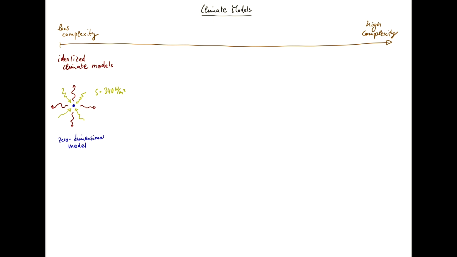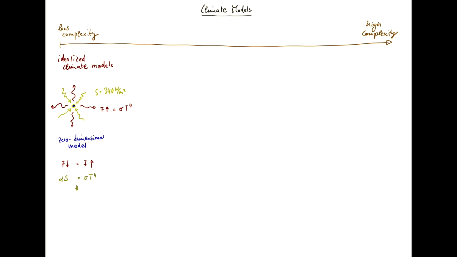And the long wave outgoing radiation, let's say F out, is given by the Stefan-Boltzmann law, sigma T to the 4. So you can balance the energy fluxes. F down has to be equal to F up, and F down is alpha S, where alpha is the albedo, and that has to be equal to sigma T to the 4.